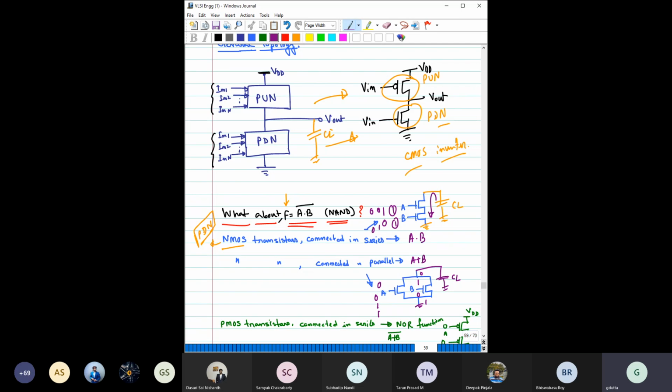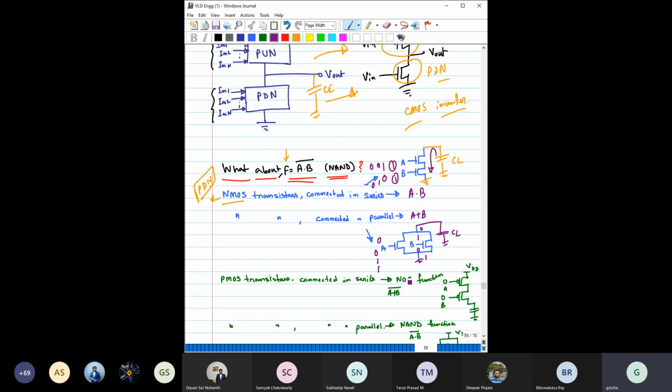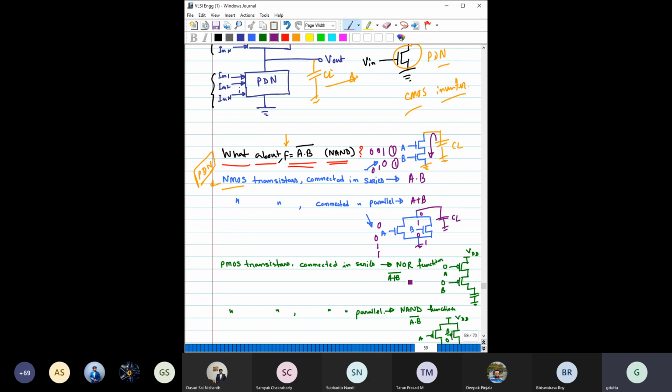But we are discussing CMOS, so when you are discussing CMOS, we should have both PMOS and NMOS. We have discussed what will happen with NMOS. Now let us see what will happen for PMOS. In your mind, it should come that PMOS is the pull-up network. It cannot be used as a pull-down network. If you connect the PMOS transistors in series, it will look something like this.